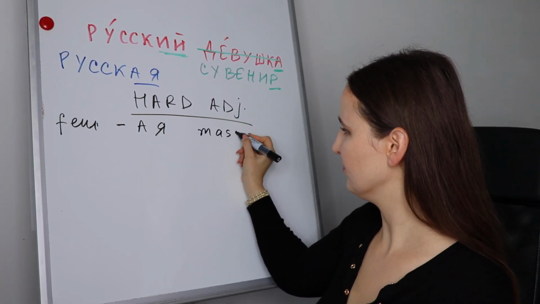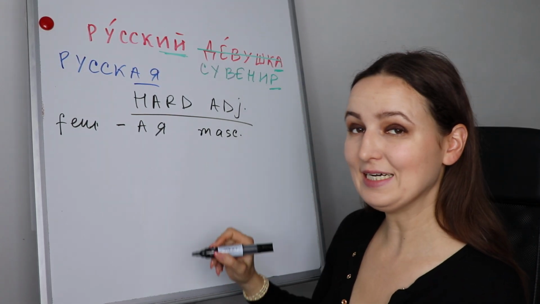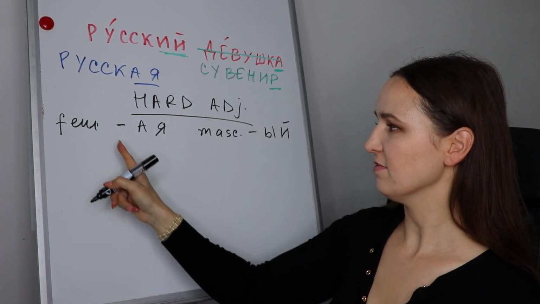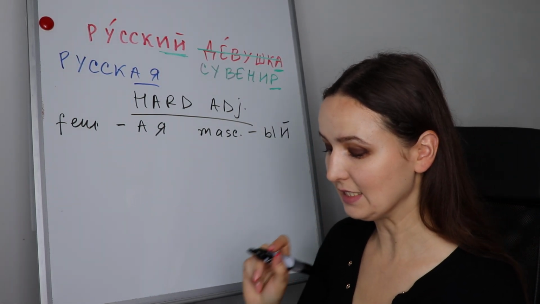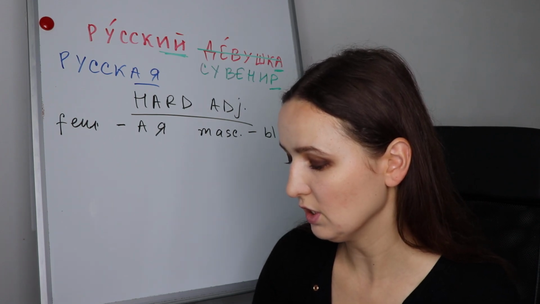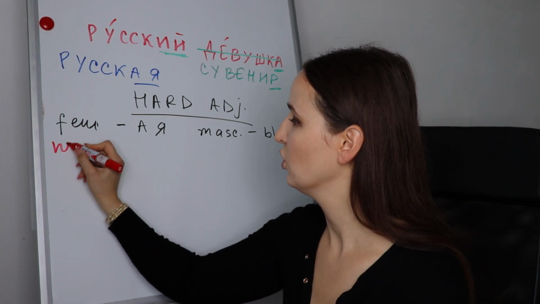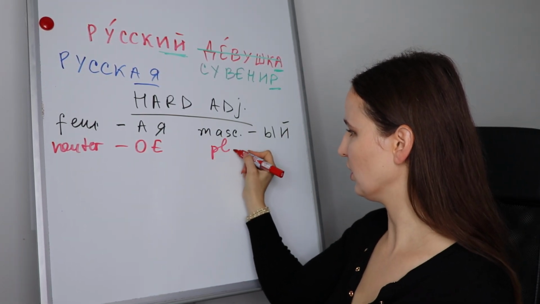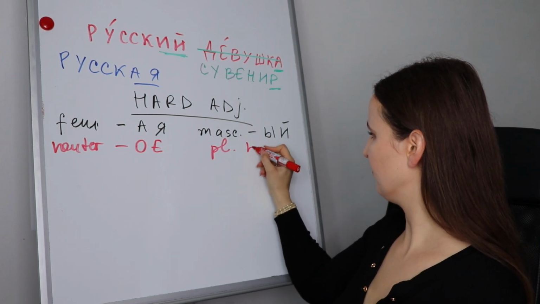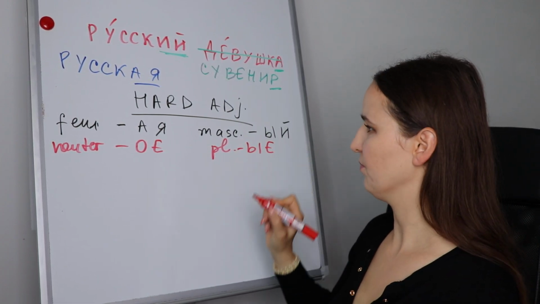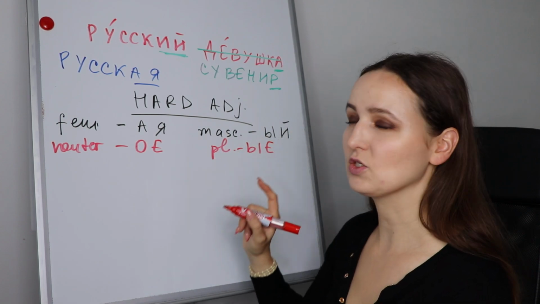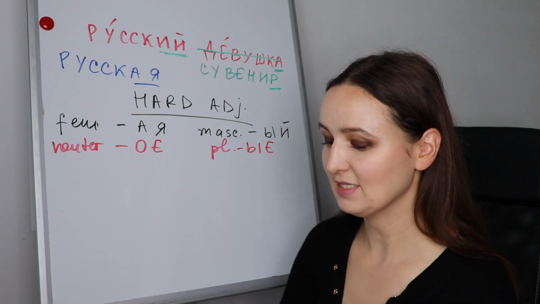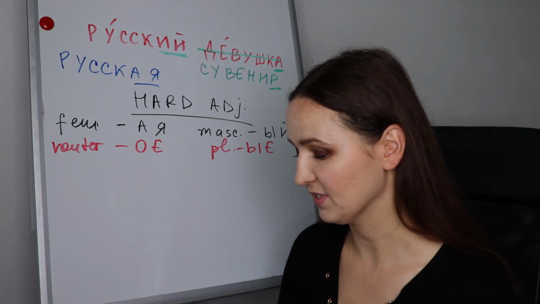For masculine, the ending is y. And neuter is oye, and plural ye. Okay, feminine aya, masculine y, neuter oye, plural ye. These are the endings for hard adjectives.